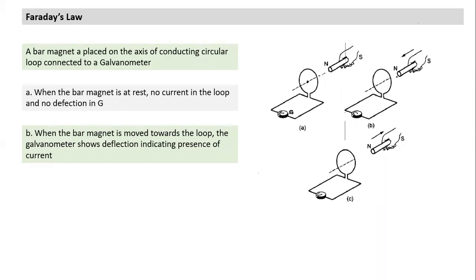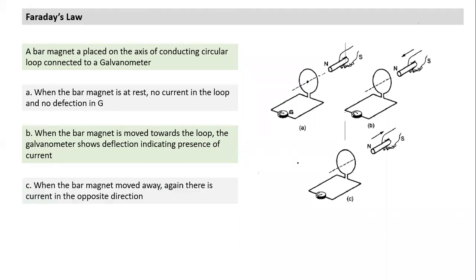So the motion of the bar magnet created a current, which is an electrical property. That's how we link two things together. This indicates the magnet can create electric current.